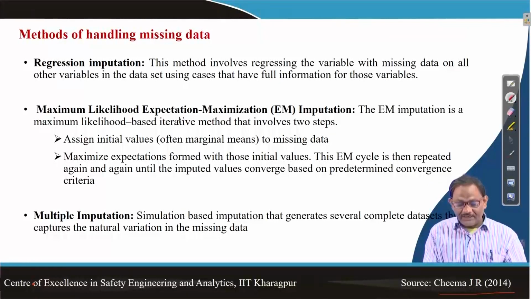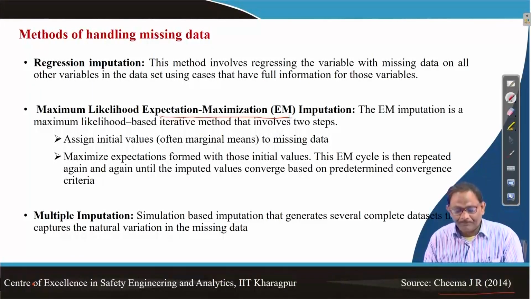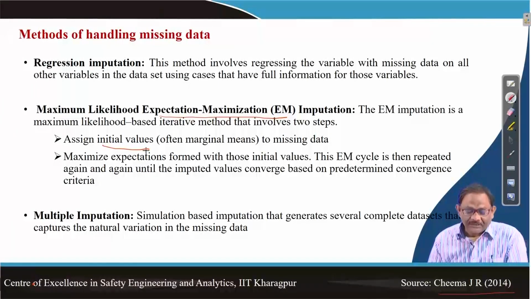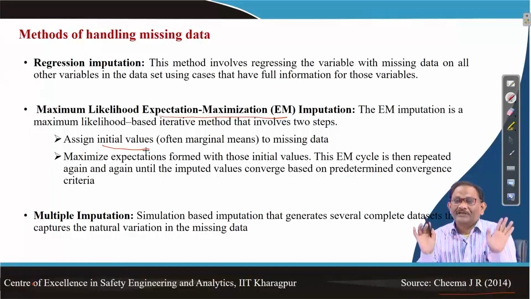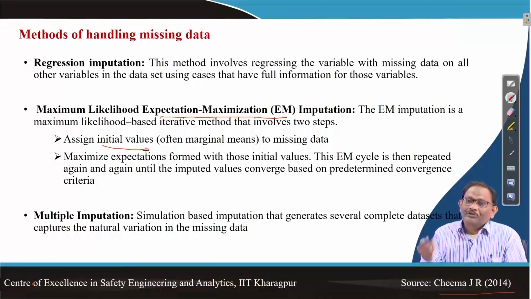Another one, as I told you, is the expectation maximization, EM, algorithm you can use. What we actually do is assign some initial values to the missing values, and then apply the algorithm: expectation with the initial values, then put certain values, maximize, then again recalculate the values, put those in, and maximize again. This iterative process continues.